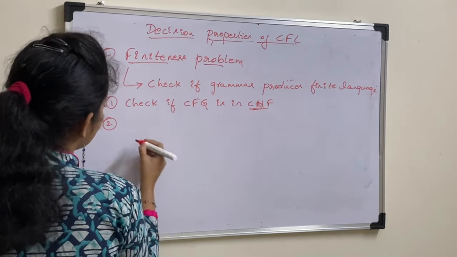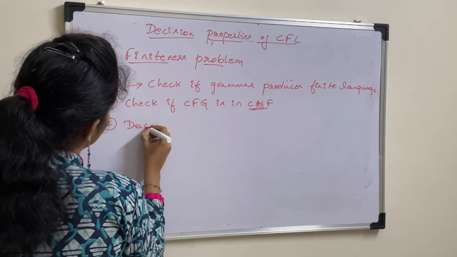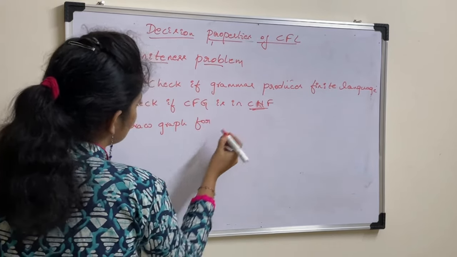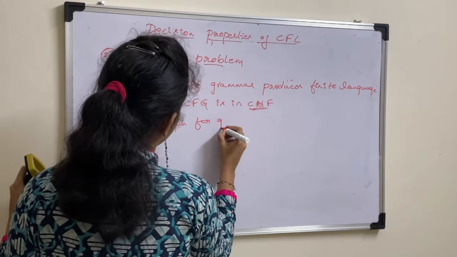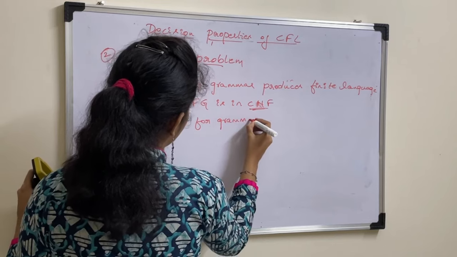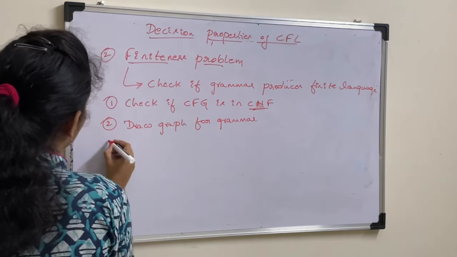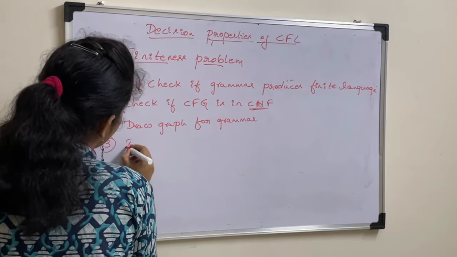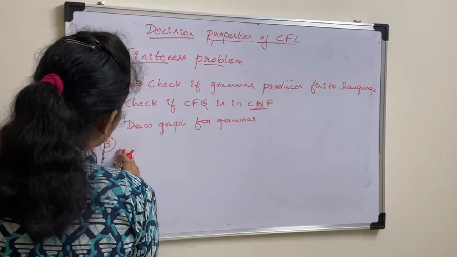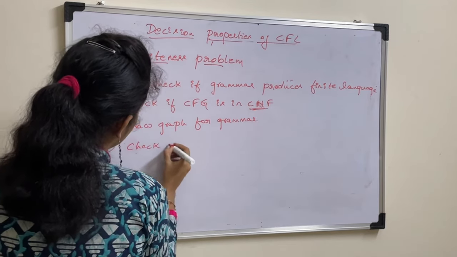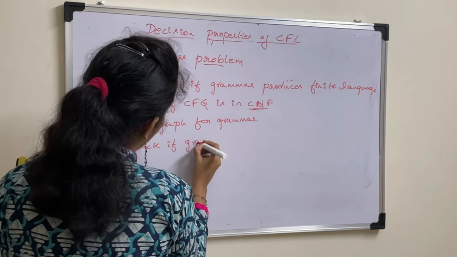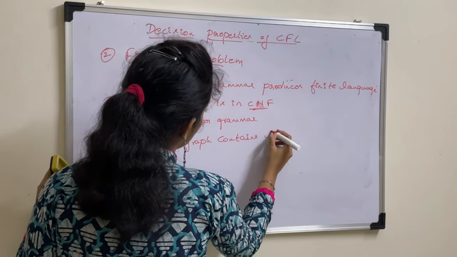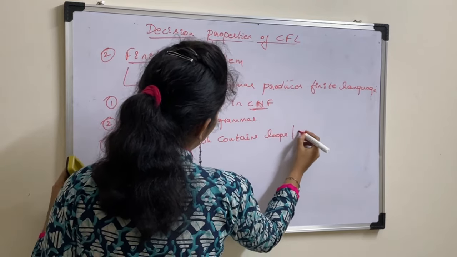Once the grammar is in CNF, then draw a graph for this grammar. Now we have this graph. Check if the graph contains any loops or cycles.